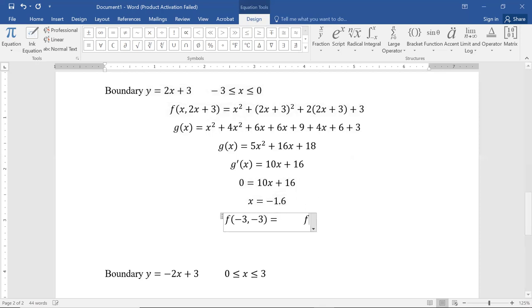I'm going to test out the point negative 1.6, comma, well, what do I get when I plug in 1.6 in for x? 2 times negative 1.6 plus 3 becomes a y value of negative 0.2.